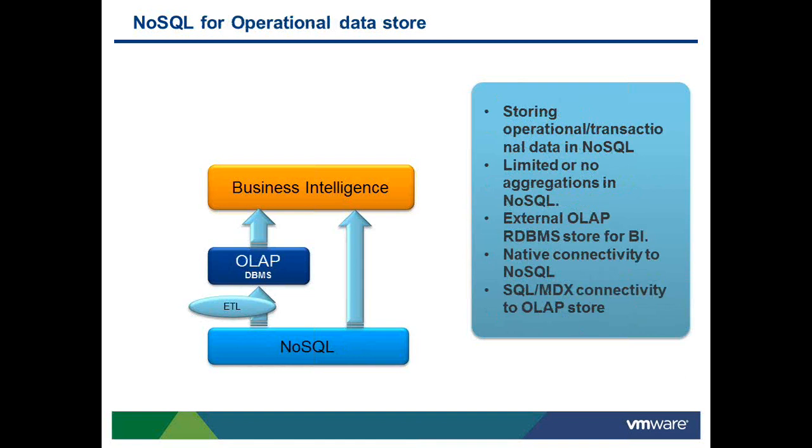The next one is the NoSQL for operational data store. Here we talk about using the NoSQL as an operational data store, and using an analytical DBMS as an aggregated data store. Here we of course use the traditional ETL, but the difference from the previous patterns is that we will allow the NoSQL to connect to the BI directly, and the BI also talks to the OLAP.